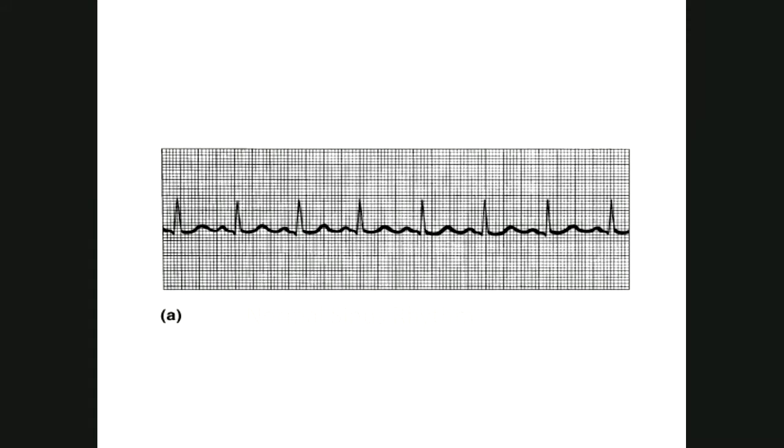So here is one ECG right there, and there's another ECG right there, and so on. And if I count how many of these happen in 1 minute, then I know the heart rate, because we get one ECG per beat.